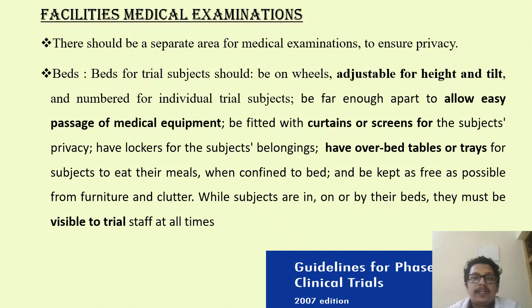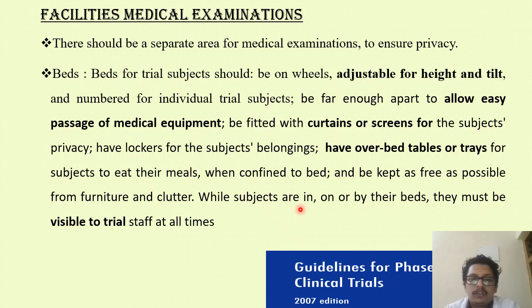So facilities for medical examination should be there, in a separate area to ensure privacy. Beds for trial subjects should be on wheels, adjustable for height and tilt, and numbered for the individual trial subject. They should be far enough apart to allow easy passage of medical equipment and be fitted with curtains or screens for subject privacy.